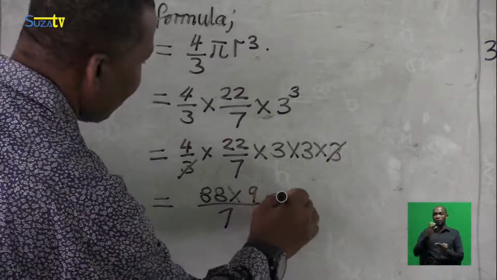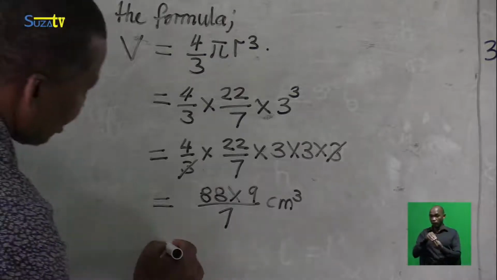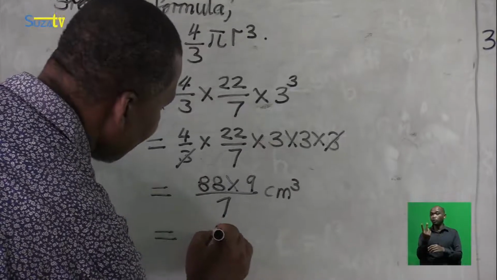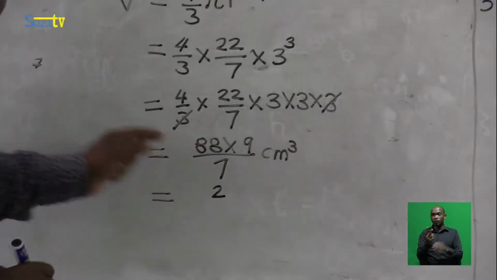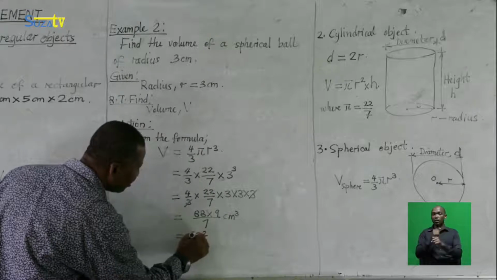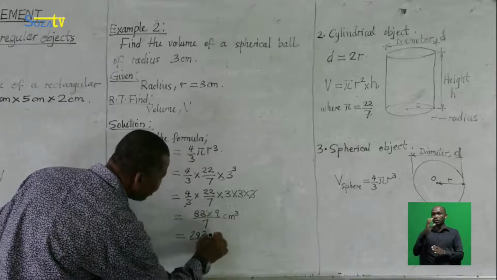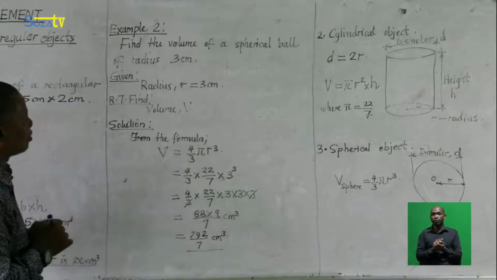This is centimeter cube. After that, let us multiply together. Okay, 8 times 9 is equal to, who is ready? 8 times 9 is equal to 72. Write 2, carry 7. Then 9 times 8 is 72, plus 7 is 79. Then over 7. This is the volume for the spherical ball.